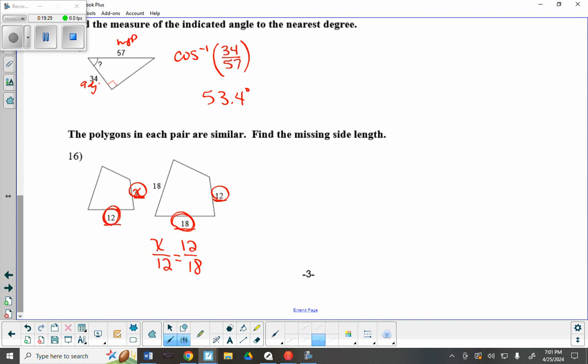Once I've done that, set up my proportion. To solve it, I will cross multiply. So 18 times x equals 12 times 12, which is 144. And then I can divide. So 144 divided by 18 is 8.